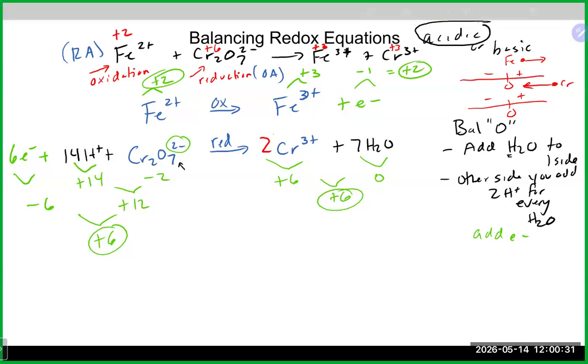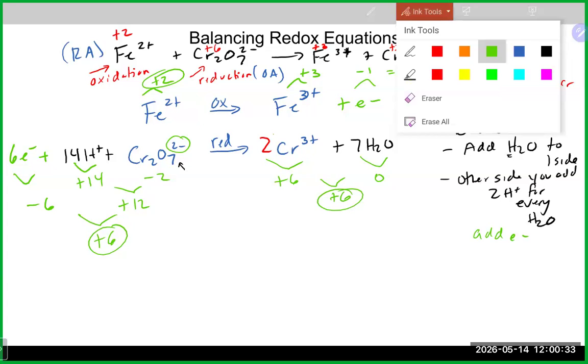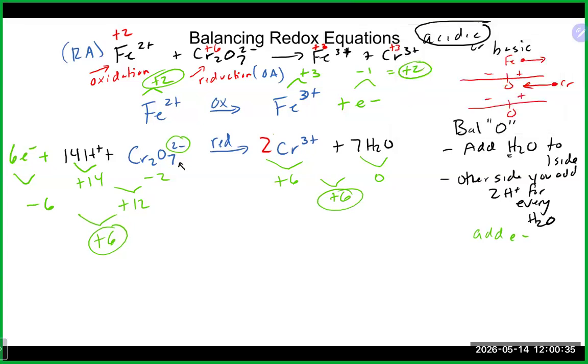Now, one of the reasons why we earlier identified which one was our oxidation and reduction half reaction is when we write an oxidation half reaction, the electrons should end up on which side? They should end up on the product side, which they did in this case.